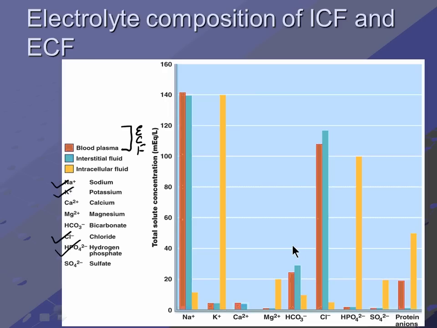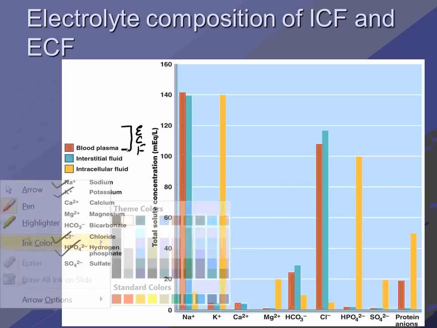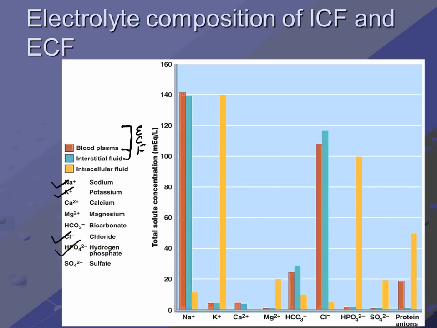If we look at this in a chart, the red shows blood plasma and the blue shows interstitial fluid. The blood plasma and interstitial fluid together are extracellular fluid, and intracellular fluid is the one inside the cells.